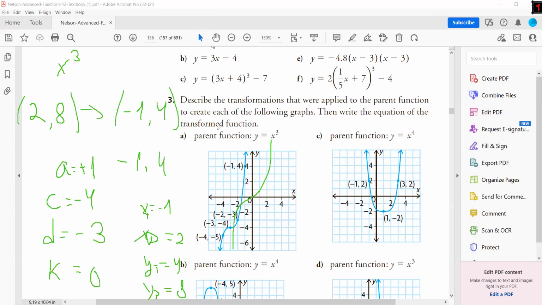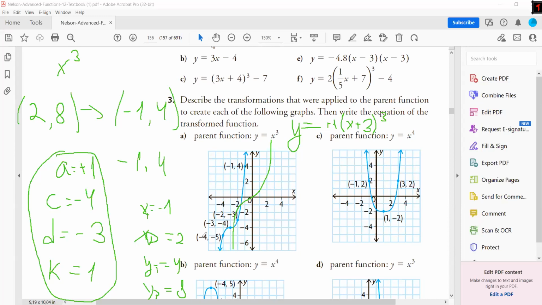So my transformed function formula, considering all of these coefficients, would be y equals plus 1 times x subtract, or plus 3, because d is -3, right? Plus 3 to the third power. K, or sorry, k is not 0, k is 1. That's my mistake.